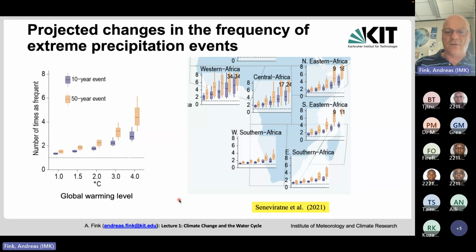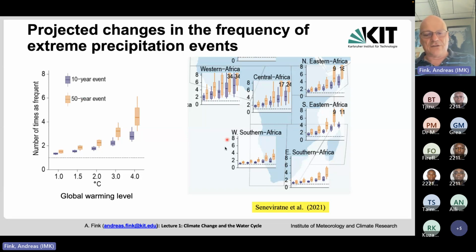So when we look now into Western Southern Africa, the eastern parts, the basic message here is that there is an increase, with the warming levels, in the return periods of the 10 and 15-year events, more so of the infrequent 50-year events.